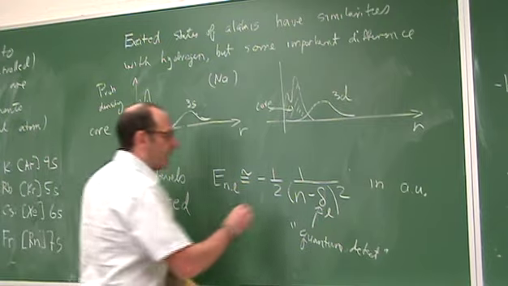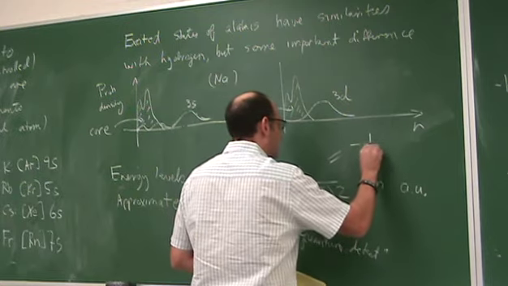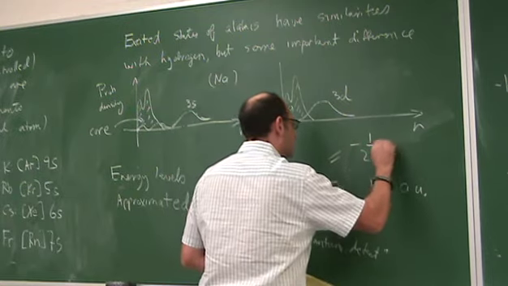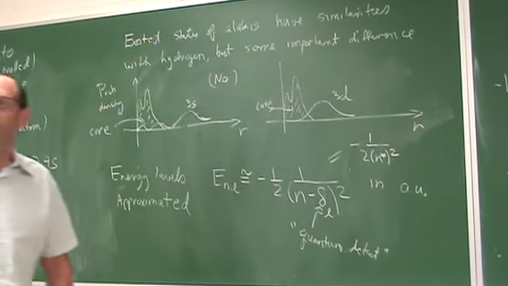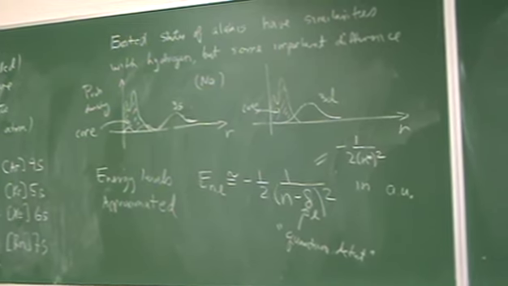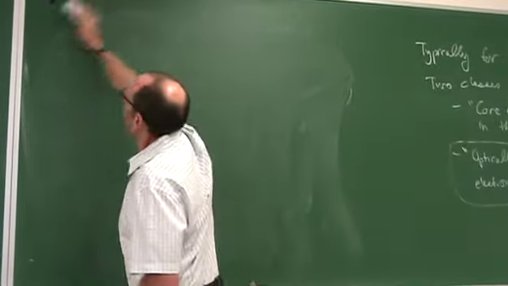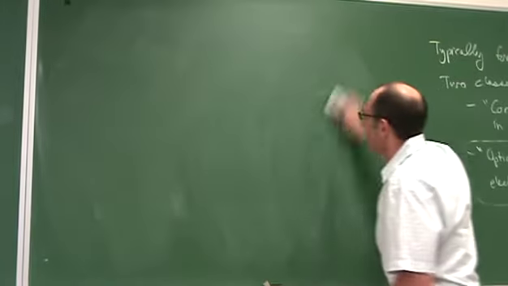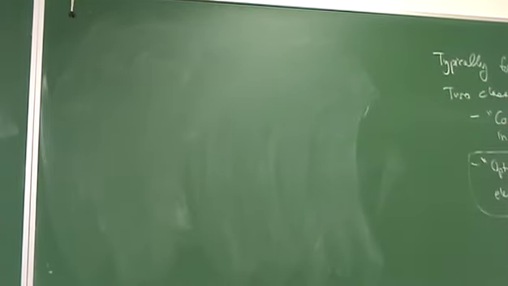Sometimes this combination is written as n star, where n star is not an integer. So what this means is that the spectrum no longer has a degeneracy in L the way we had in hydrogen.